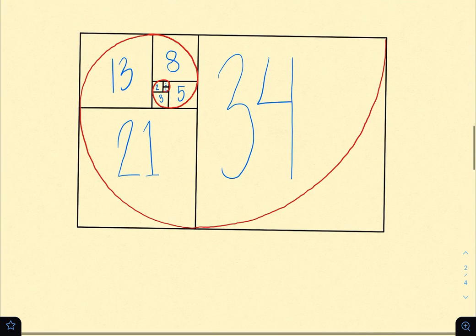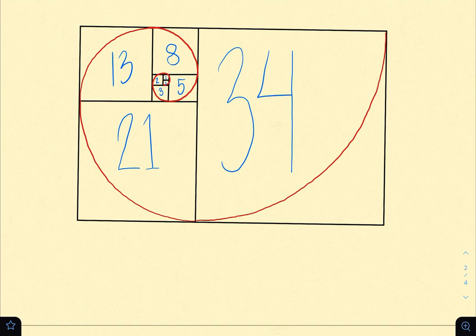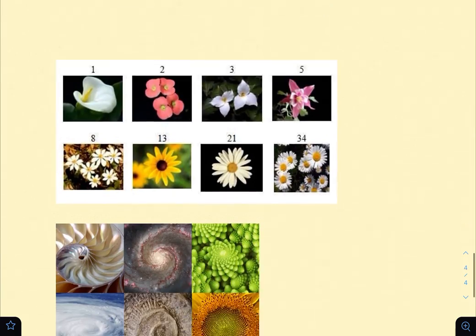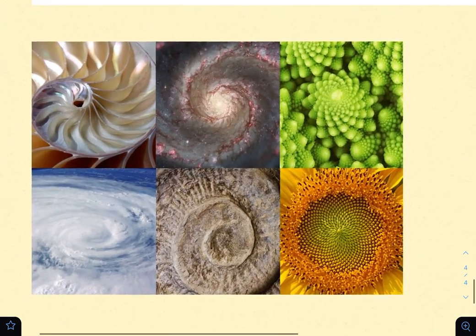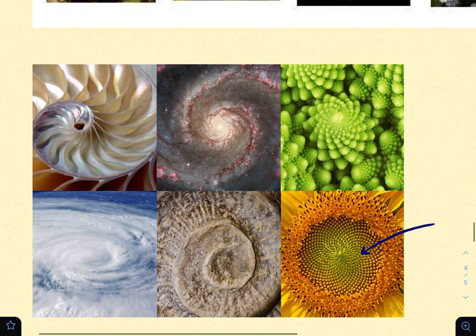This spiral can be seen in so many places in nature. These are just a few examples. There's so many examples out there. If you look closely at nature, you can find so many examples of spirals. Like the seeds in a sunflower, those make a spiral, and galaxies, the shells.